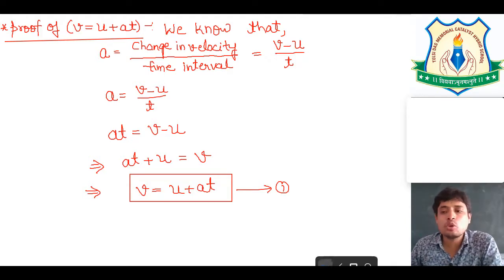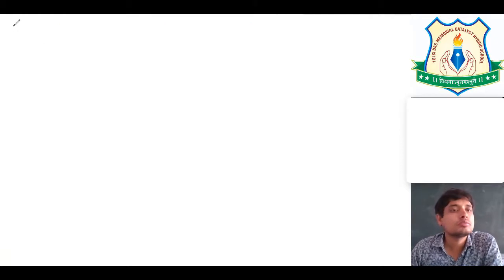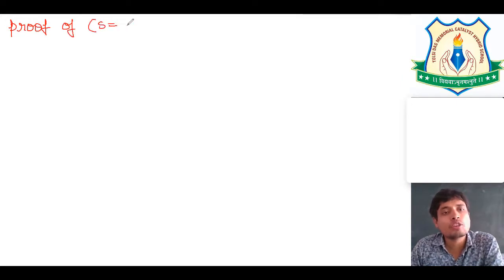Now let's go to the second proof. Second equation of motion s equal to ut plus half at square.